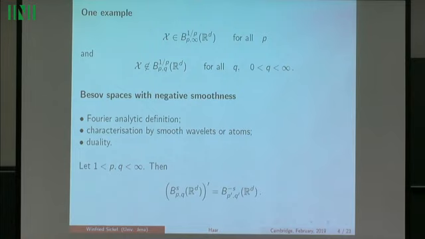And then when you try to improve the result, that means you look for spaces with q less than infinity, they are smaller, there is a monotonicity with respect to q, then it's easily shown this will not happen. So this is a limiting case.